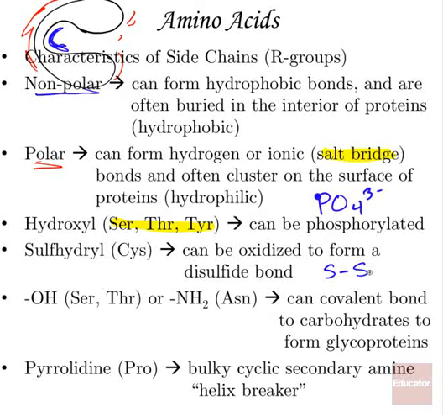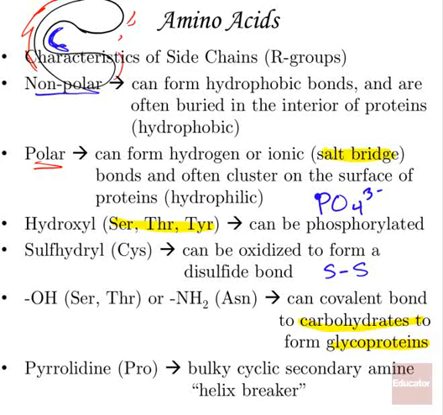Right? Now we can have covalent bonds to carbohydrates, forming what are called glycoproteins, and they can be either O-glycosylated or N-glycosylated proteins. And all that means is the sugar making a bond to the amino acid via an oxygen or a nitrogen.